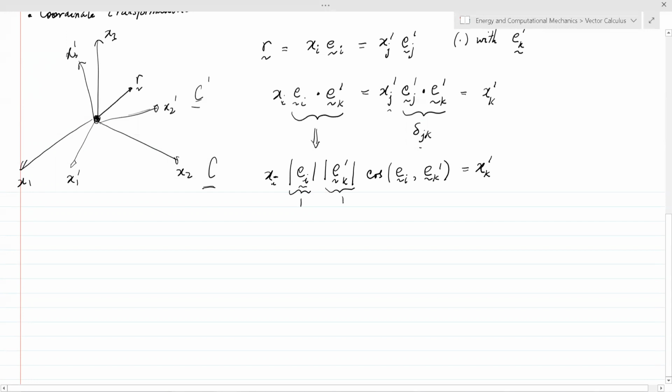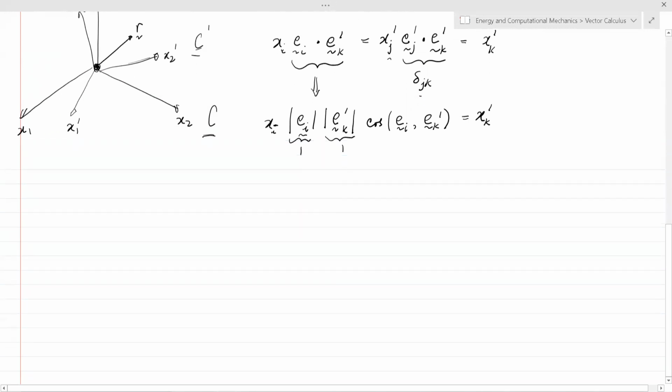Therefore, I'm able to find an expression that relates this quantity in the C prime coordinate system to the C coordinate system. So I have xk prime equals xi cosine of ei comma ek prime.